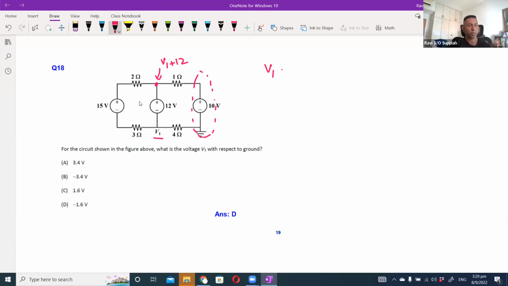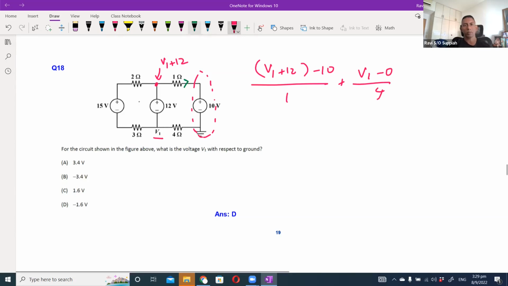So we can say that all the current flowing into the node is 0. So V1 plus 12 minus 10 over 1, which is this current here, plus V1 minus 0 over 4, which is this current here, add up to 0.